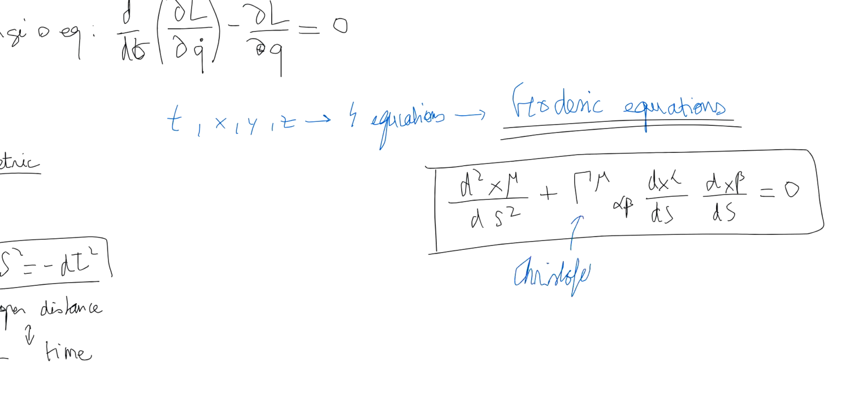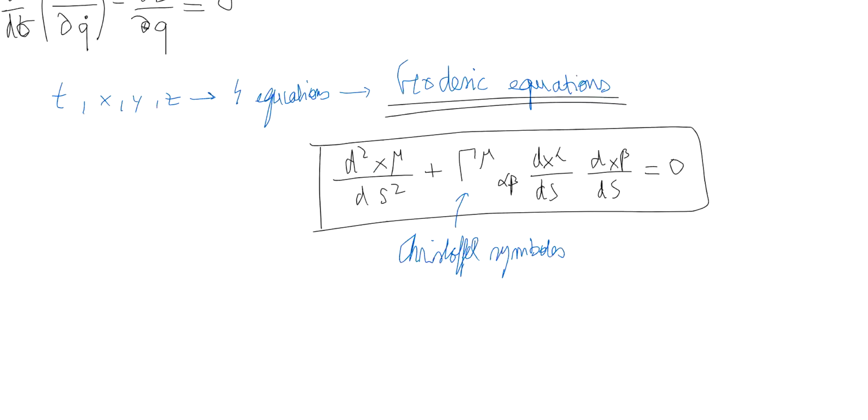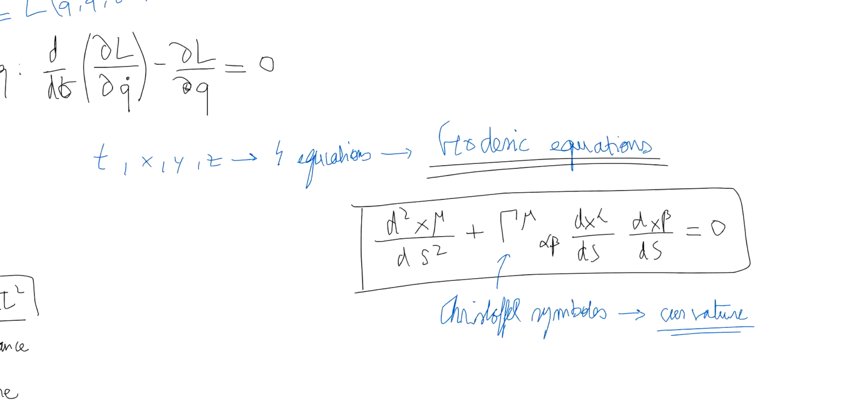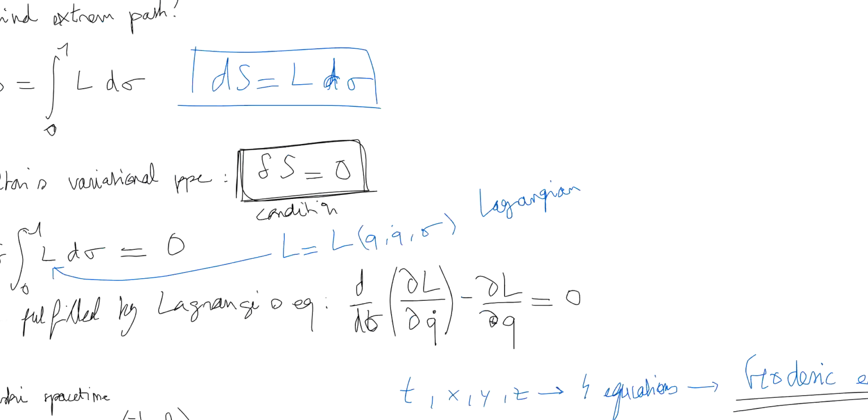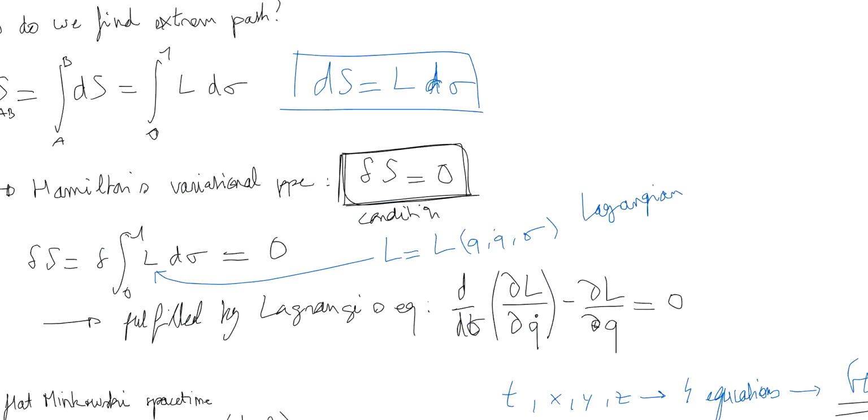They tell you everything you need to know about curvature. And you don't need to find them separately, because if you follow this path, they come from your Lagrangian of the system, which comes from the line element. So you have everything you need to know.